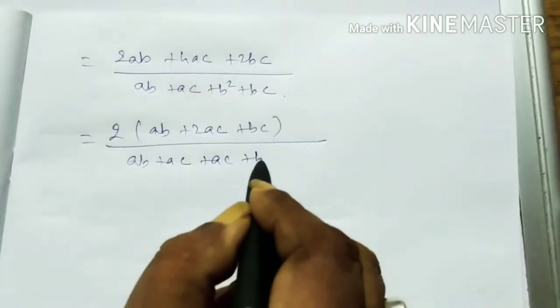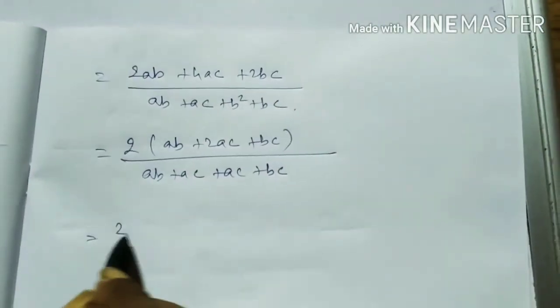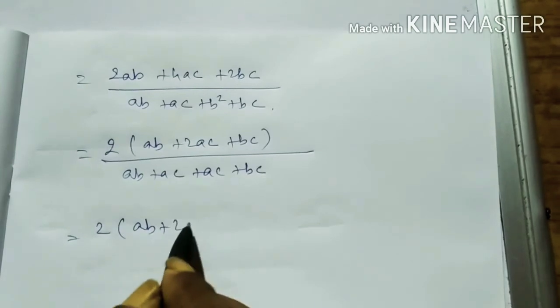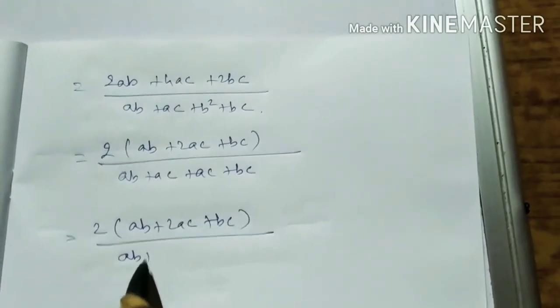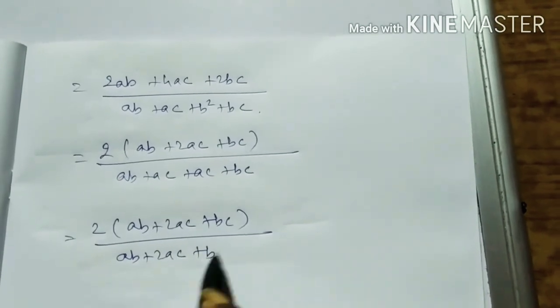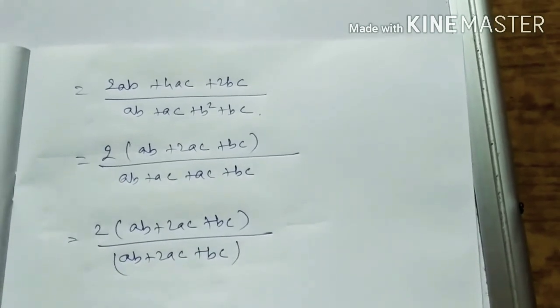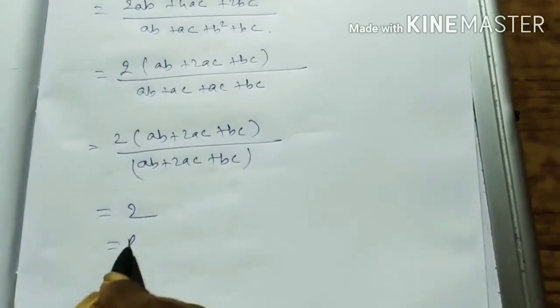Instead of B square, I will write B square is equal to AC plus BC. So 2AB plus 2AC plus BC by AB plus 2AC plus BC. This 2 cancels out and it is 2, which is the right hand side. It is proved.